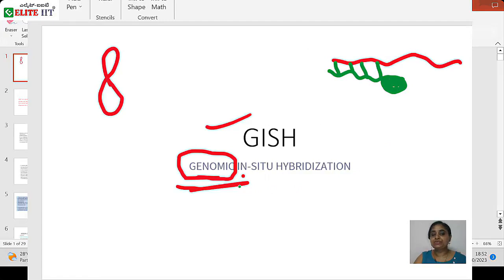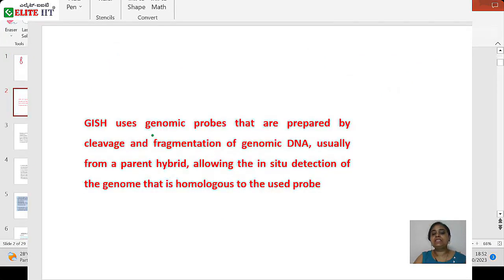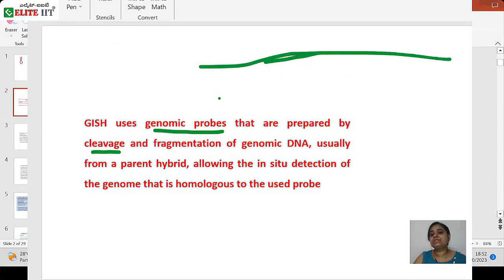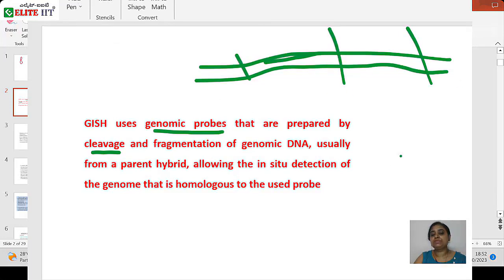But in FISH, we are focusing on the chromosome. In this case, we are focusing on the genome. Now see, GISH uses genomic probes. In this case, the genomic probes used are prepared by cleavage. So if you consider this is the genome sequence, you have to make fragments of the genome sequence, and then you can use it as the probe.